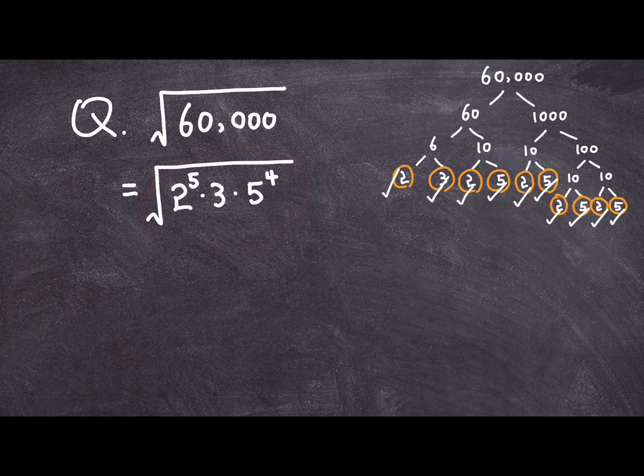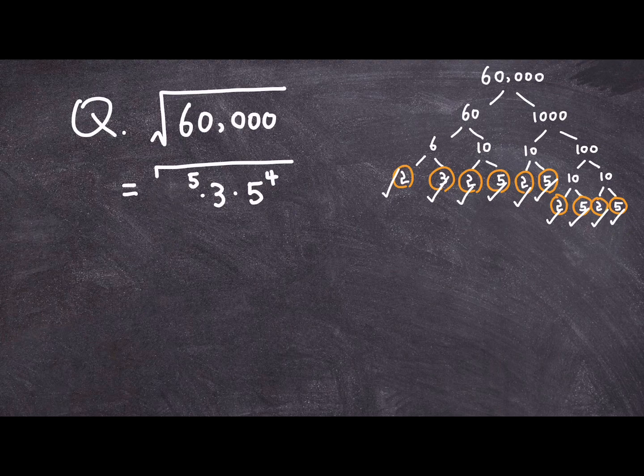Now, only numbers or variables with even numbered exponents get to escape the radical sign, and if your number has an odd numbered exponent, it has to stay underneath the radical sign. So what I'm going to do is rewrite all the numbers or variables with odd number exponents into two parts.